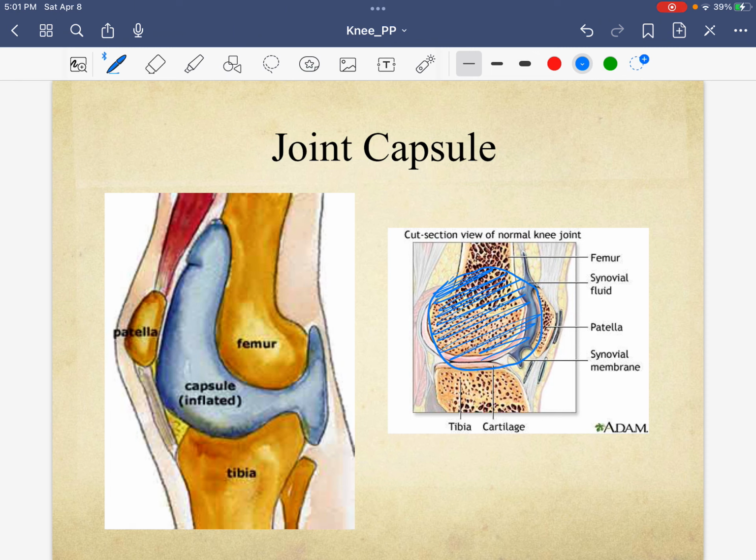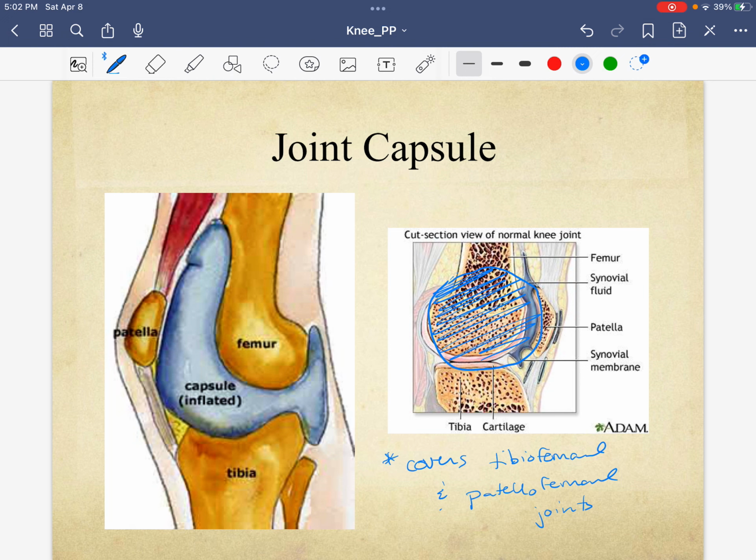I know this picture on the left is a little confusing that way, but I just want the joint capsule here to cover not only the knee joint, the tibiofemoral, but it also covers the patellofemoral joint. This happens to be the largest joint capsule in the body, larger than the hip even.